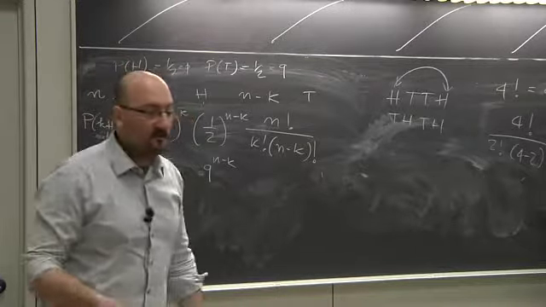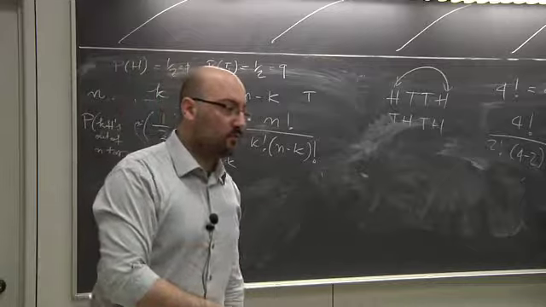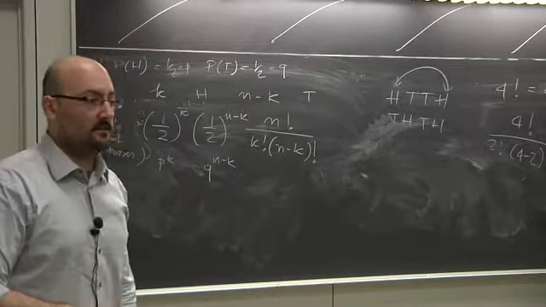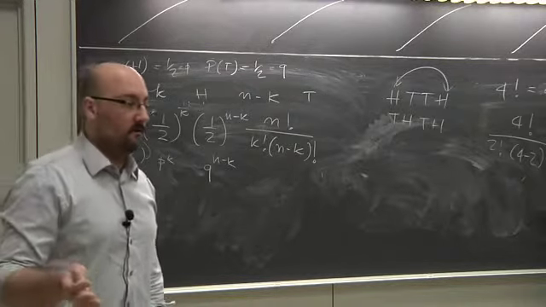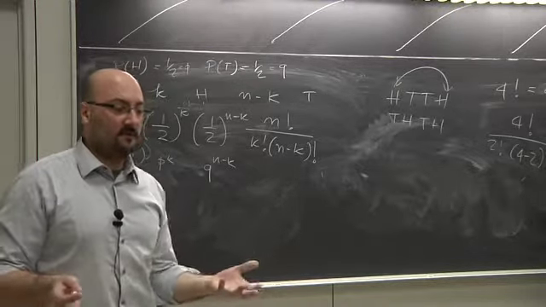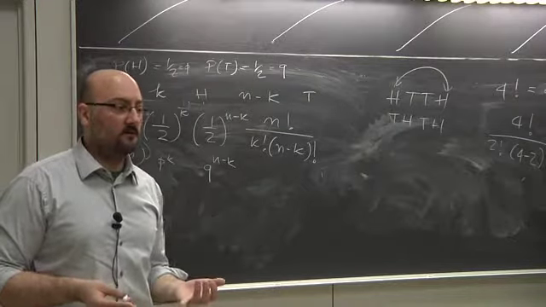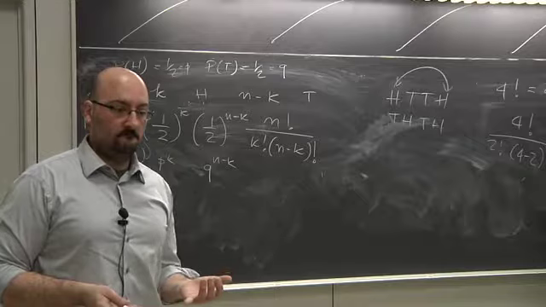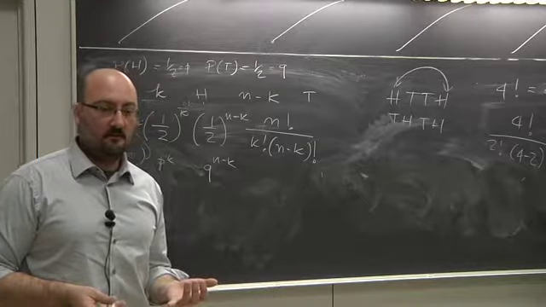So first of all, the probability of having 2 tails out of 10 tosses or 3 tails out of 10 tosses, are these two events mutually exclusive or not? What do you think?